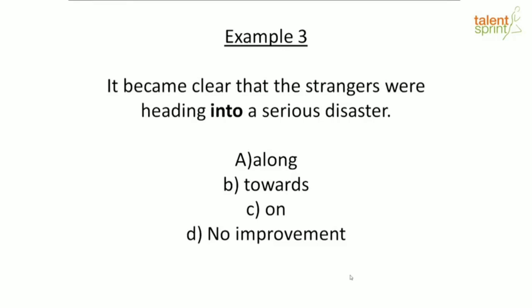Along as a preposition brings in the meaning of on the path of, by the side of, right? Towards brings in the meaning of in the direction of. So in terms of two words coming together, set expressions giving a meaning, which is nothing but collocations, which we will look at in the following classes.